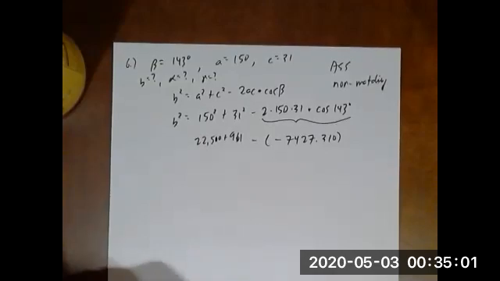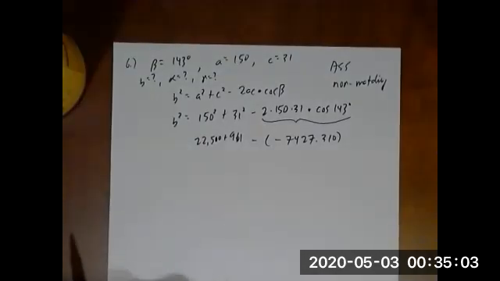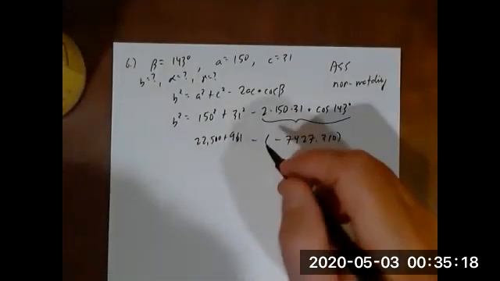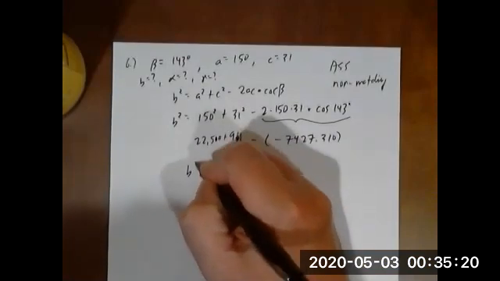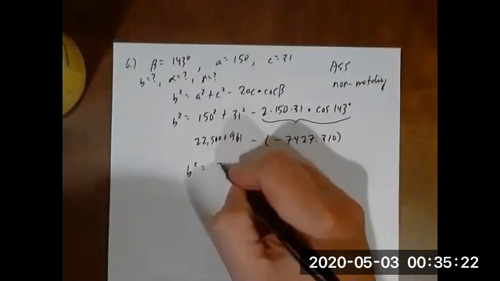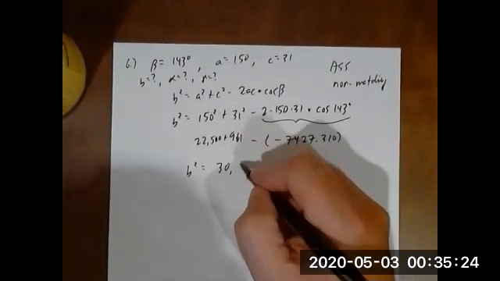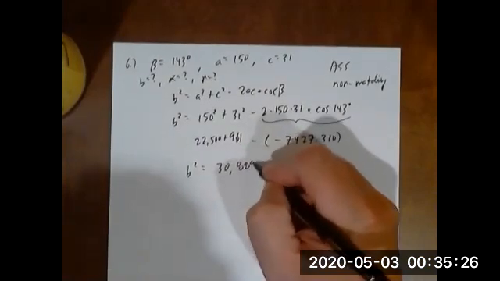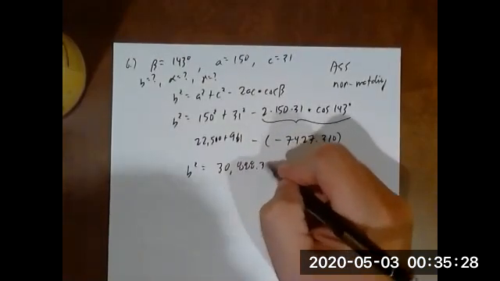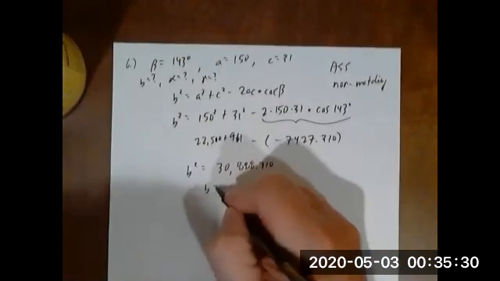So when I do that, plus 22500, it's a really big number, 3888.310.